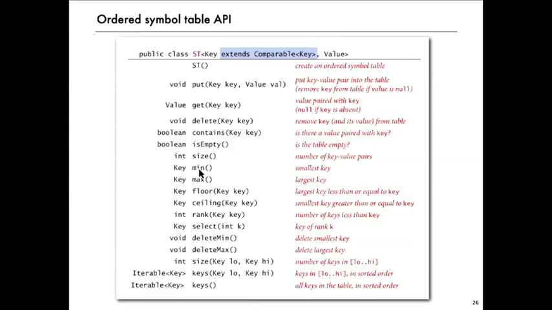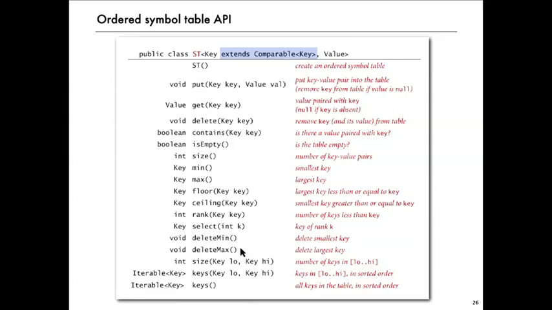Give me the minimum key, give me the largest key, and then I can get the value associated with that using get. Give me the largest key less than or equal to this key value, or the smallest key greater than that key value. Give me the number of keys less than that key. You can actually implement priority queues this way. Delete the minimum key, delete the largest key.